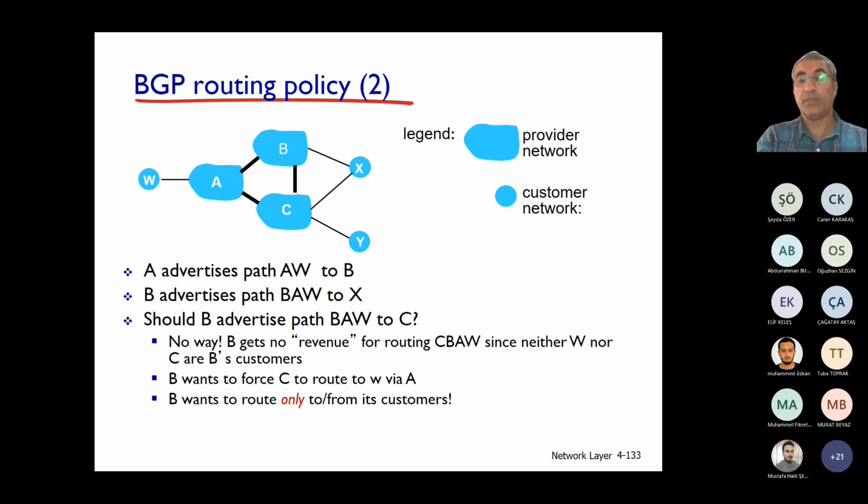So B wants to force C to route to W via A, right? Because C is connected to A, why should it route via X and then B and then A and then W? So B wants to route only to or from its customers.